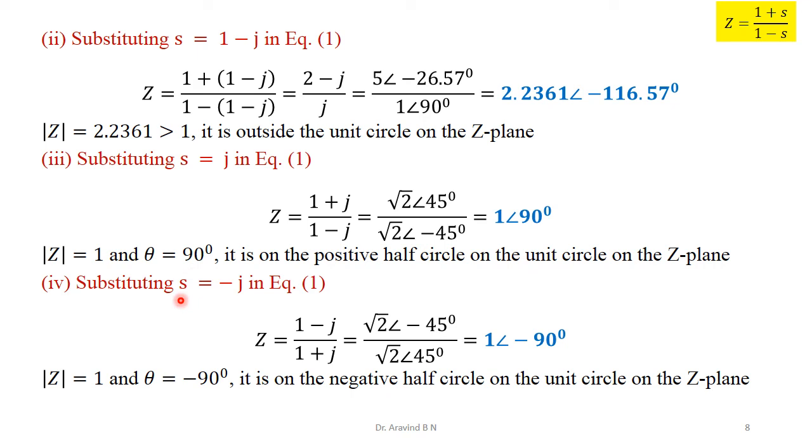Now substituting s is equal to minus j, we get 1 at an angle of minus 90 degrees. So the magnitude is equal to 1. Therefore the value lies exactly on the unit circle on the z plane. Since theta is equal to minus 90 degrees, it is on the negative half cycle of the circle.